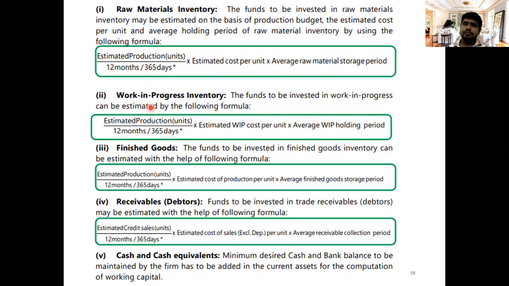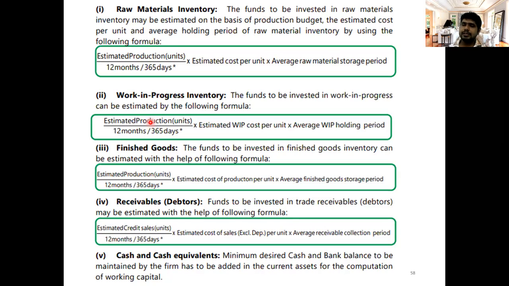Second one, the work in progress. How do we calculate work in progress? You have already studied that a cost has three elements: raw material cost, labor cost, and other cost, which is called overhead cost.